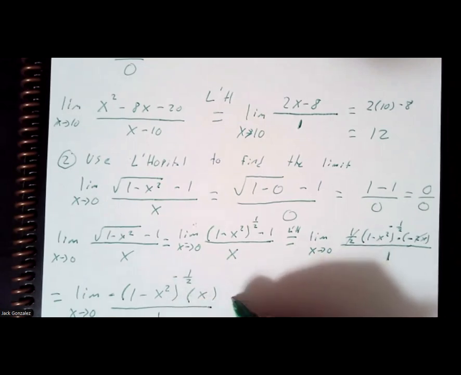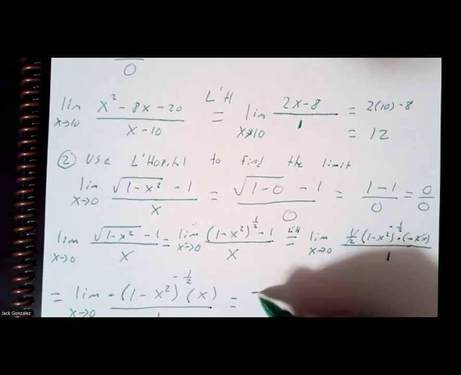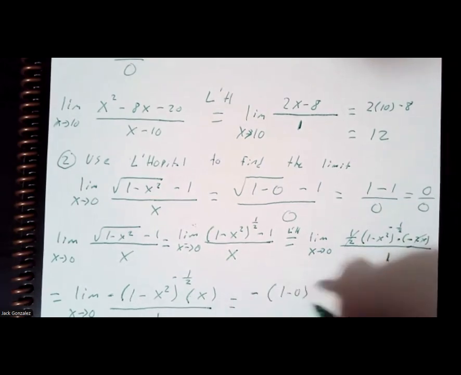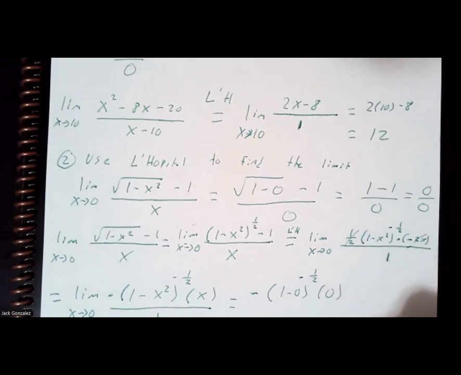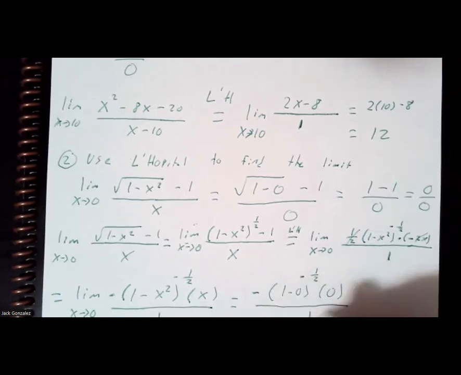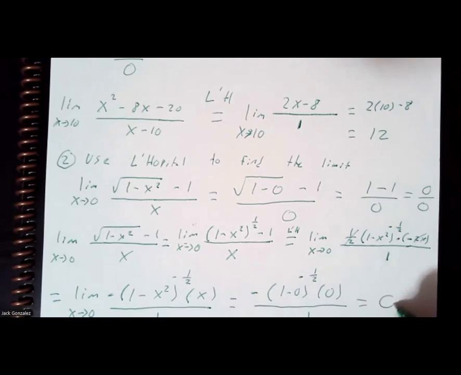So plug in your limit. This would be negative 1 minus 0 times 0 over 1. So this limit would be 0.